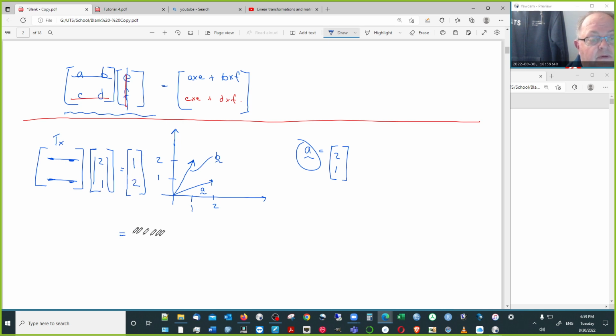The sum of products means that we'll get row down column, so we get something times 2, this something times 1, and we sum them because it's the sum of products.